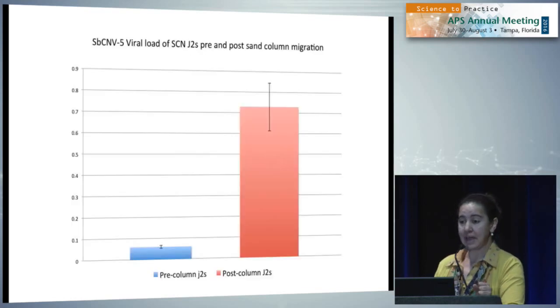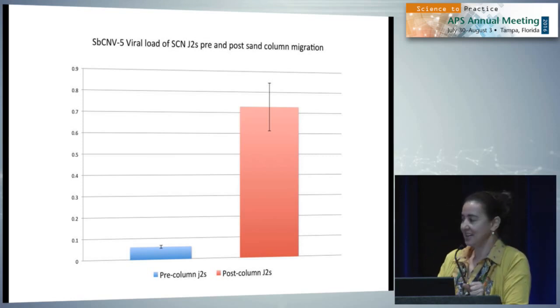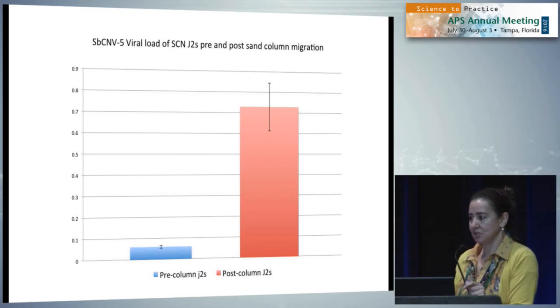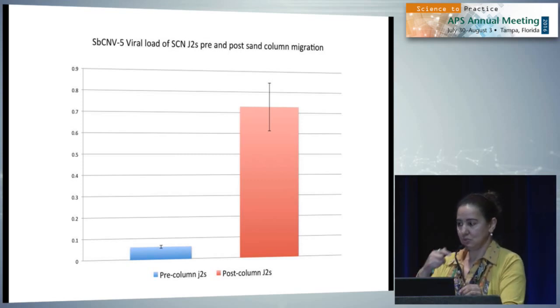And to our surprise, the viral load at the bottom of the cup seemed to be almost 10 times higher than in the top nematode, suggesting that the nematode that were faster to crawl over the column were actually the sick nematode. This really was very surprising to us, and we were shocked by the result.